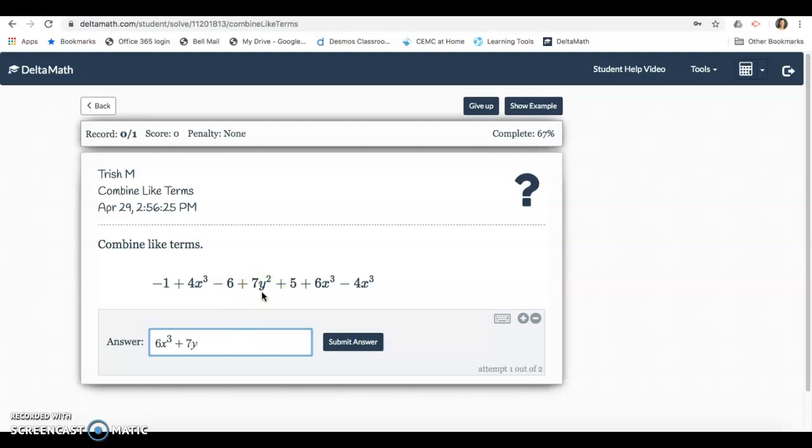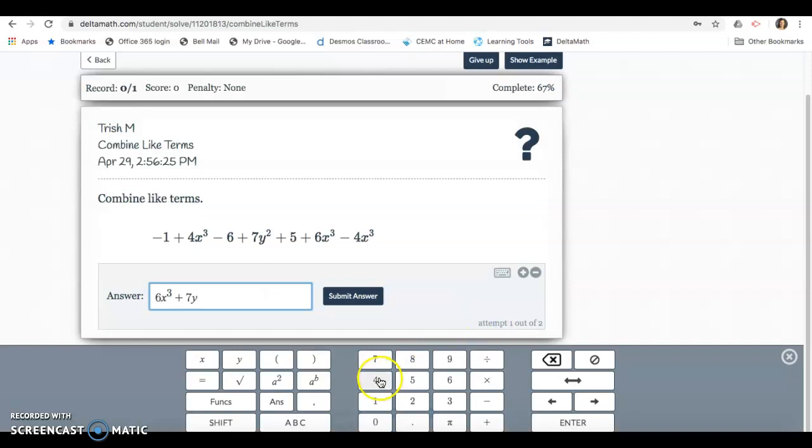So 7y, there's another way that I can enter in exponents. I'm going to show you. Press the keyboard, okay? And these 2 buttons right here, a squared or a to the b, will also allow you to do exponents. So I'm going to press a squared, and it puts the squared there, okay?